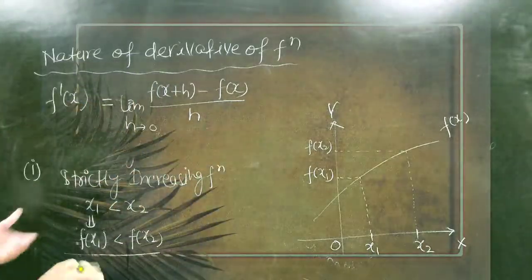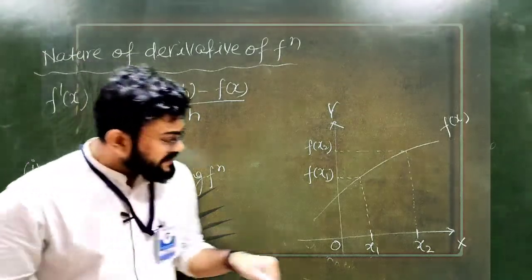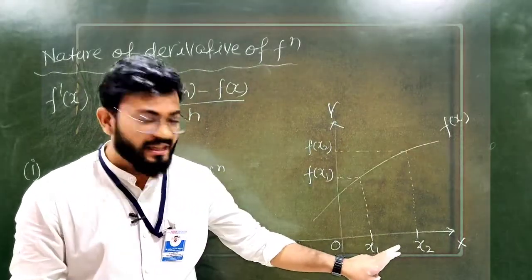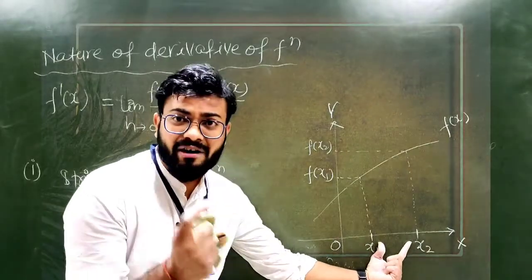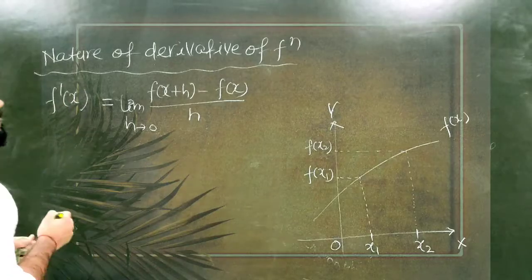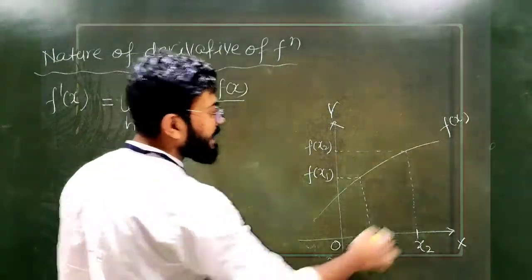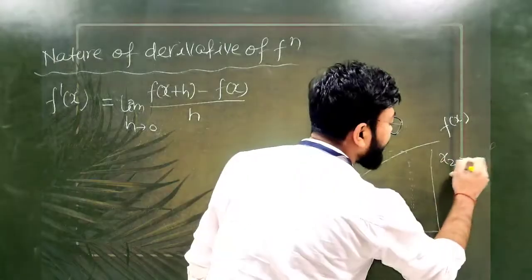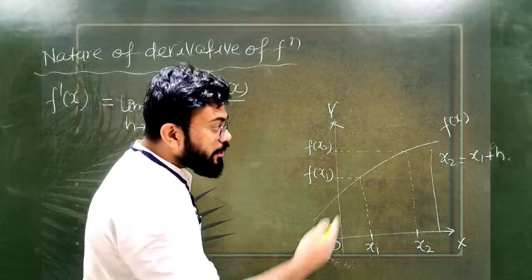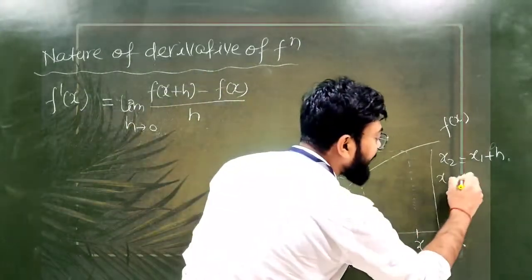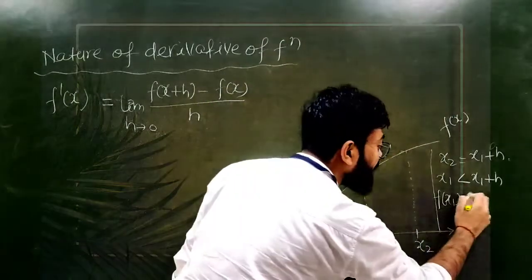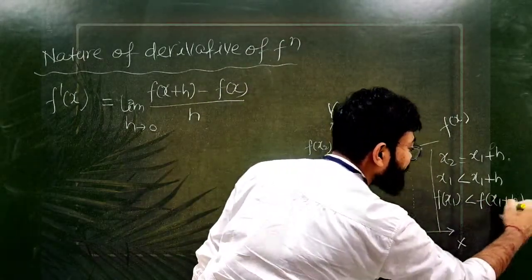See here, x2 can be written as x1 plus h. For a strictly increasing function, we can write x1 is smaller than x1 plus h, so f of x1 will be smaller than f of x1 plus h.